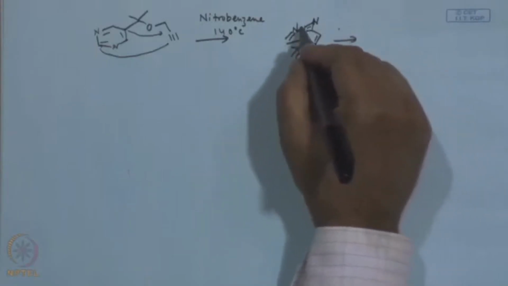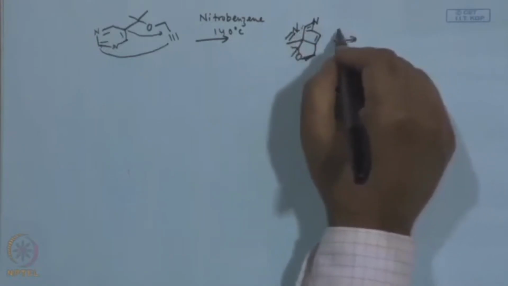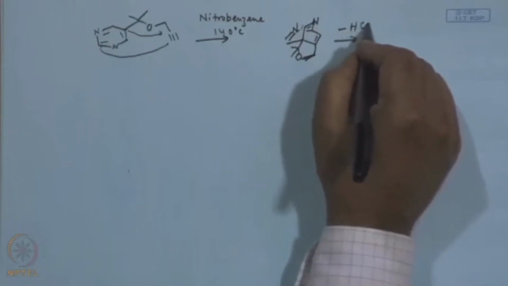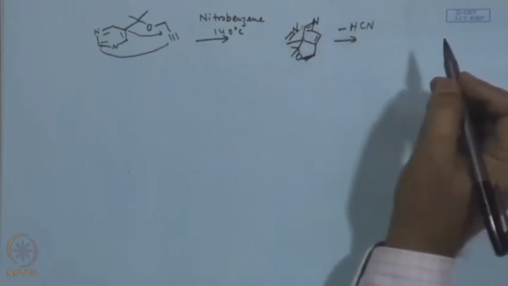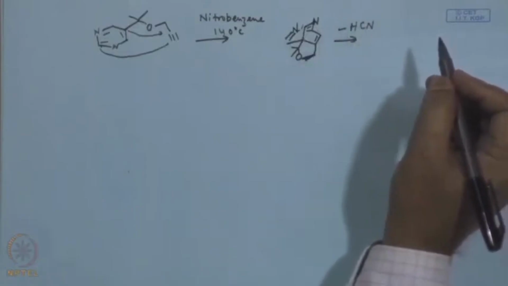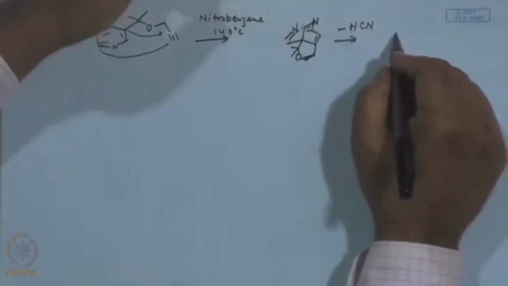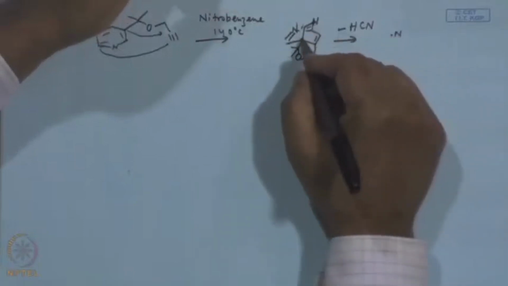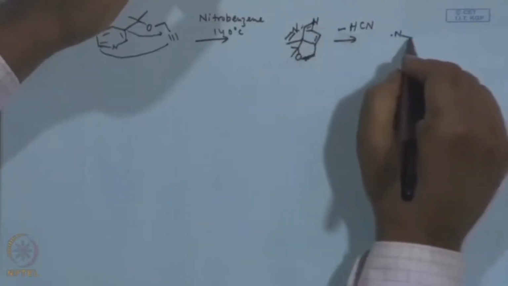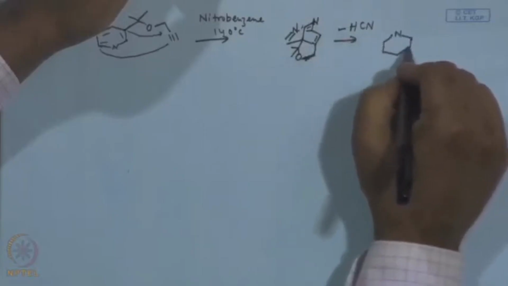So, if the reaction takes place on this side, it is a minus what? HCN. That means C triple bond N. In previous cases, we had the loss of nitrogen. In this case, we have HCN. So, that is lost. Then what you will see? 1, 2, 3, 4, 5, 6. So, it is again a 6-membered ring, it is a pyridine nucleus, right?